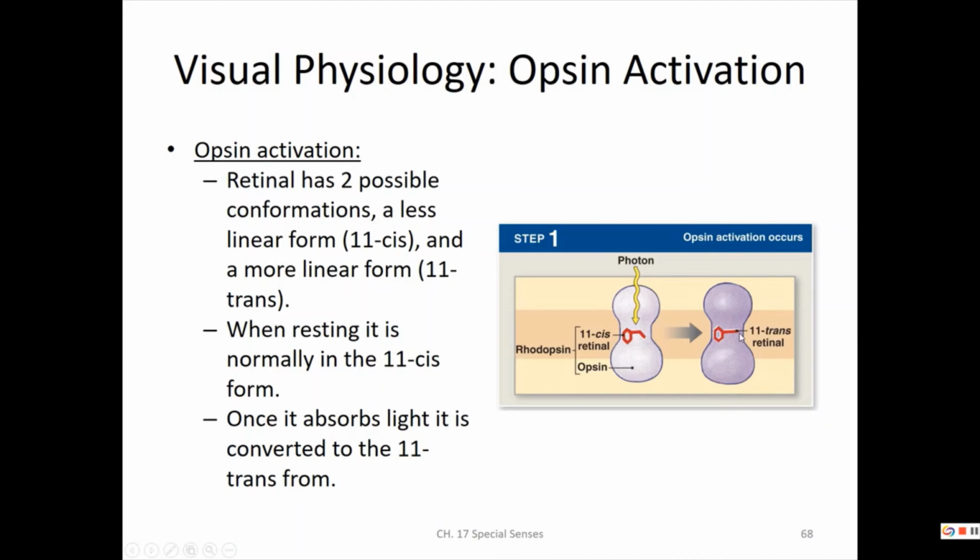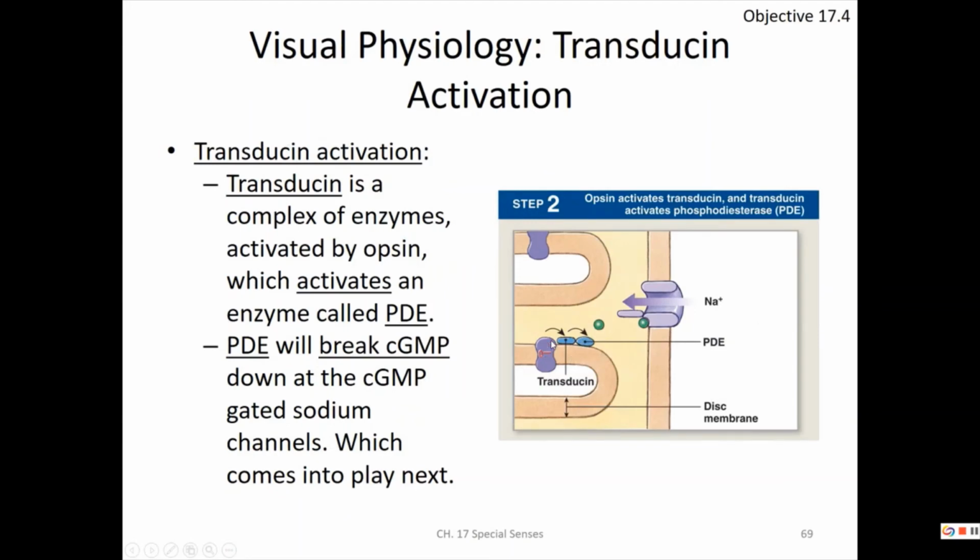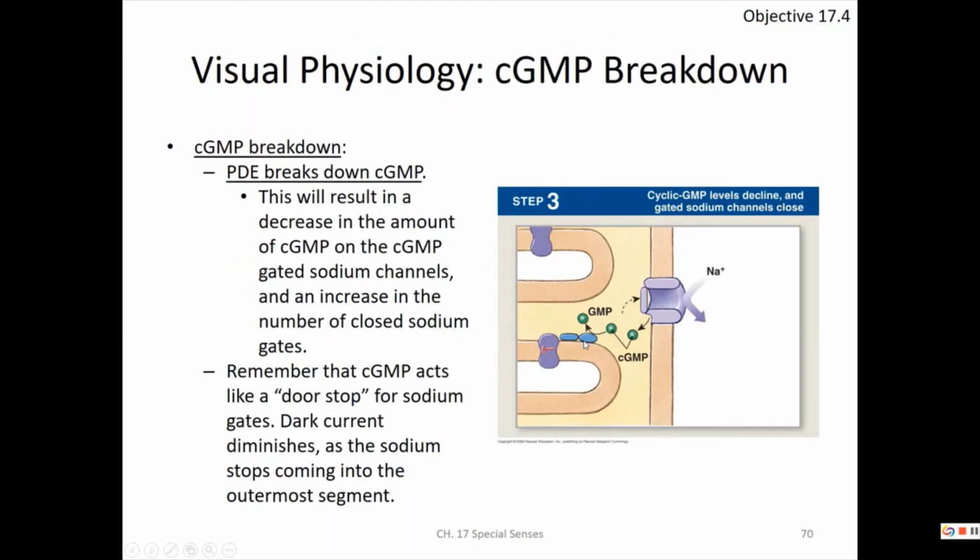It actually has to do it 2 times to make transducin activate. Transducin activates PDE. PDE comes in and breaks down cGMP, closing the sodium gates, and the door shuts, and dark current diminishes. That means no more sodium flow, which means glutamate release stops. And now the cell goes to normal resting potential, about -70.